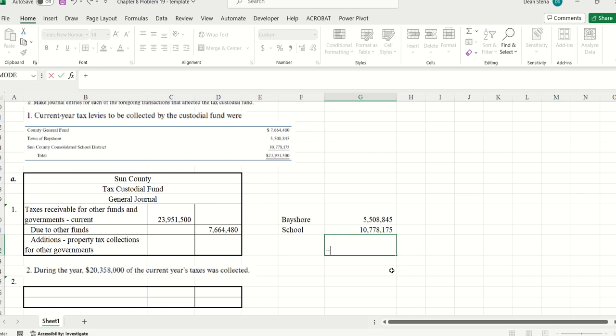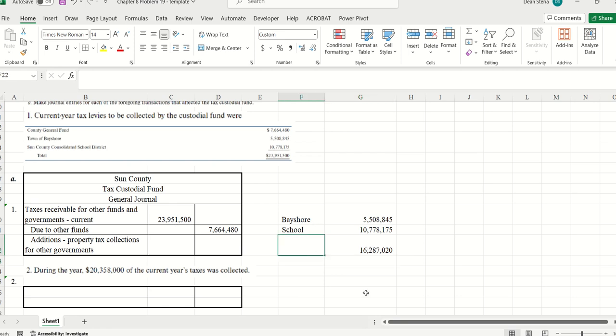So we add those two together, and it should come up to 16,287,020. Okay, so that's that. And then this is the one going to other governments.